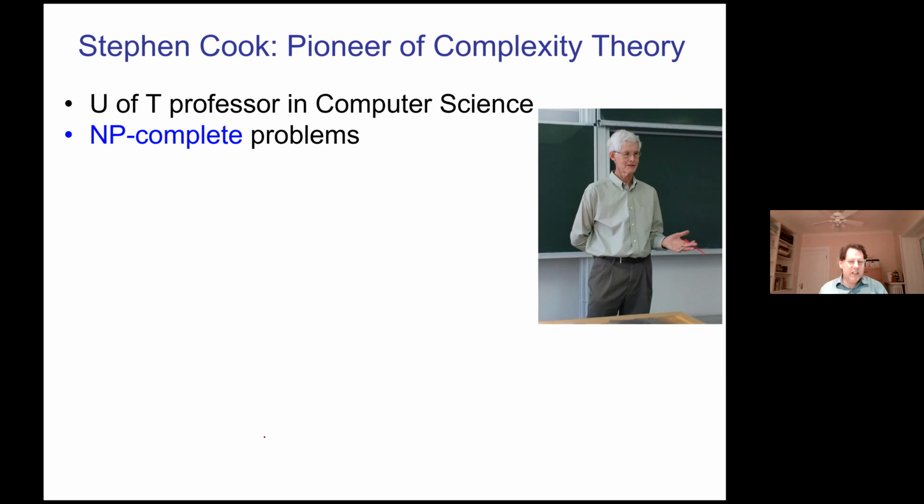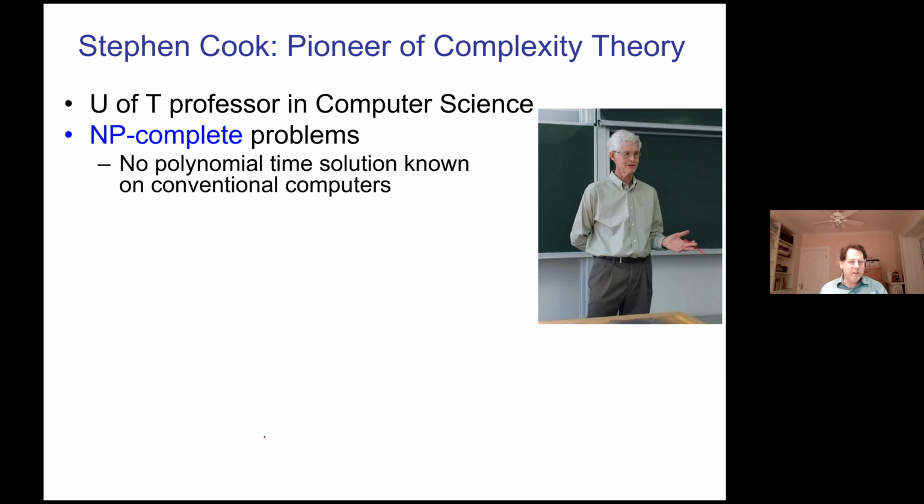Okay, so NP complete problems are problems where there's no polynomial time solution known on conventional computers. So that's basically a more formal definition of the computationally hard description I just gave you.